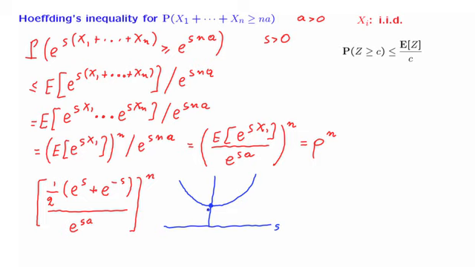Let's look at the denominator term. The denominator term is an exponential. a is a positive number, so it's an exponential that has a shape of this kind. The important thing to notice is that this exponential has a positive derivative at 0. What does that tell us? That at least in the vicinity of 0, this term, the denominator, is going to be larger than the numerator term.